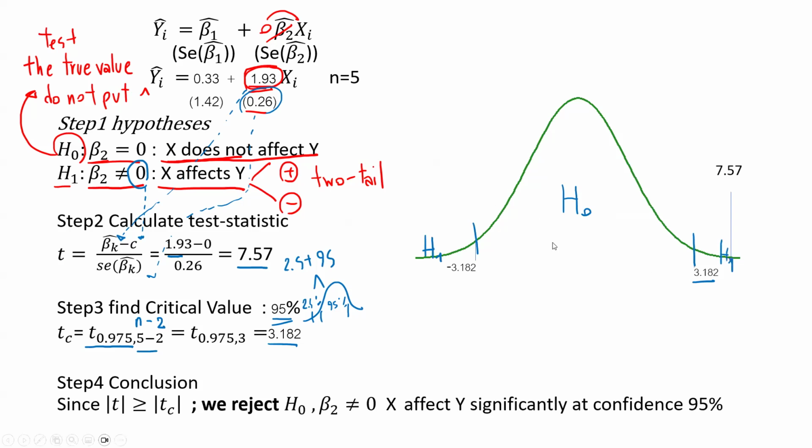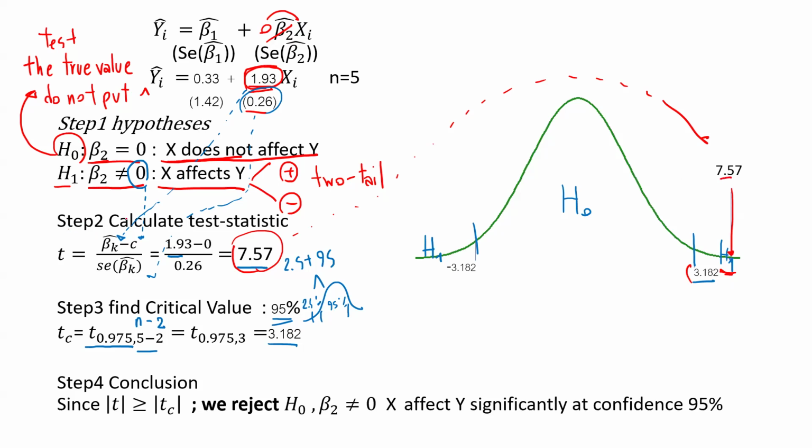Then bring the second step value to conclude. The test statistic we got, 7.57, exceeds the critical value, so it falls in H1. Then you can make a conclusion.